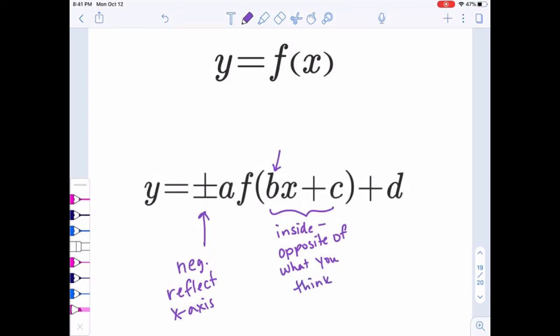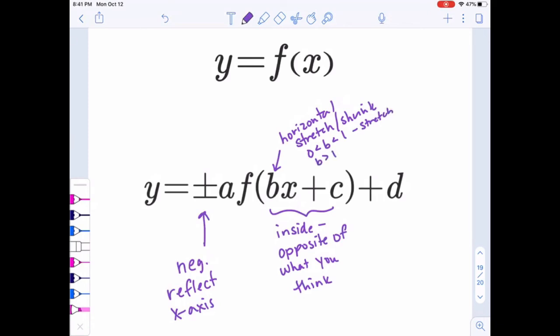Now, if I have that b value, that is where the horizontal stretch or shrink comes in. And remember, it's opposite of what you think. So if 0 is less than b, which is less than 1, meaning it's a fraction, that is where you're going to stretch.